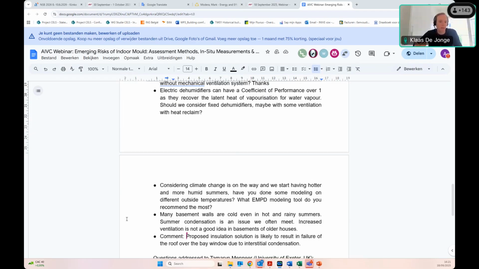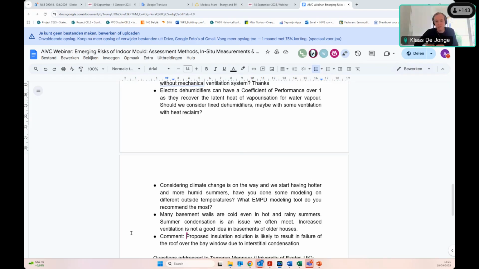But it seems that it's quite easy, at least for the case I showed, to impact the thermal bridge a little bit and add mechanical ventilation, not specifically, but just the one that you need for general well-being indoors, CO2 and stuff like that. That already seems to solve a lot of the issues.